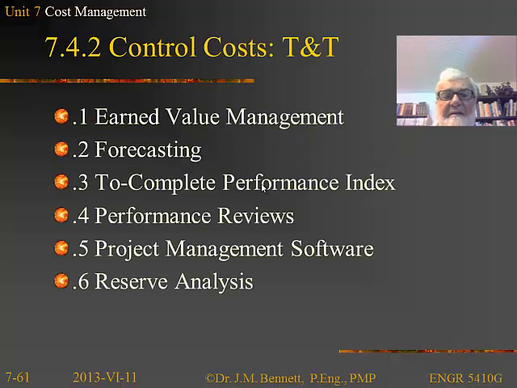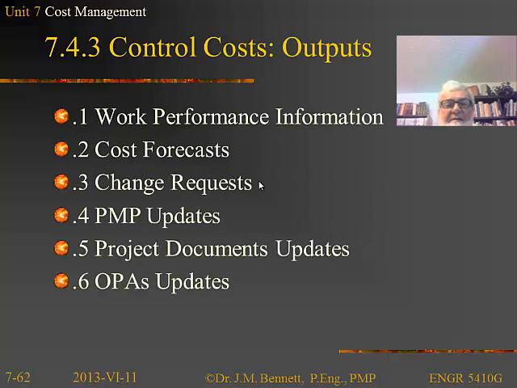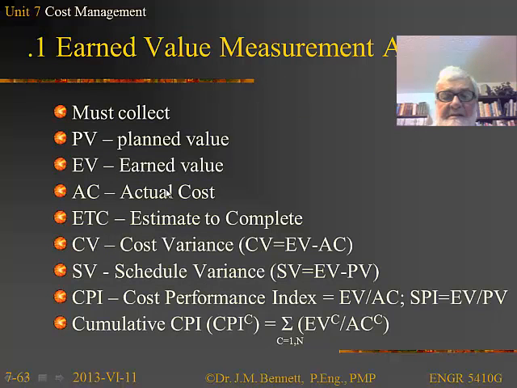So let's take a look at some of the tools and techniques, like the earned value management. That is a big one. And then the outputs for this are going to be the work performance information as to how we're doing, and then the cost forecast of how much it's going to cost to finish the project, change request updates, and that sort of thing.